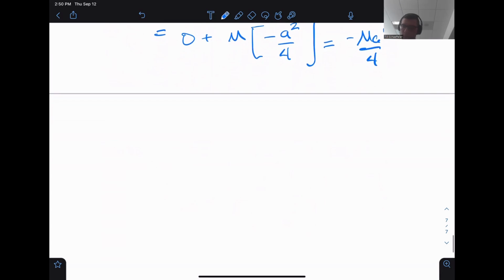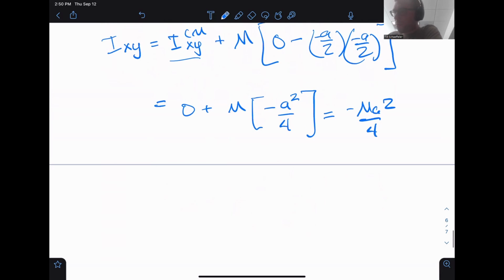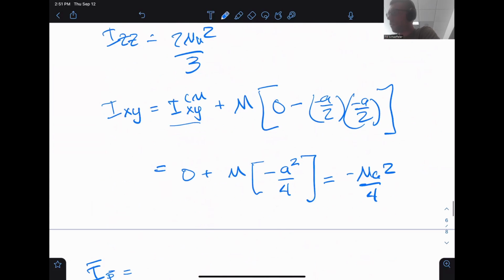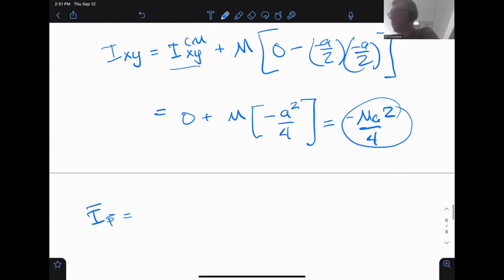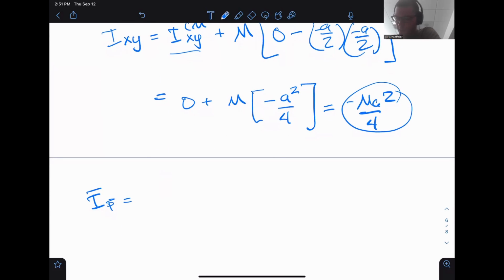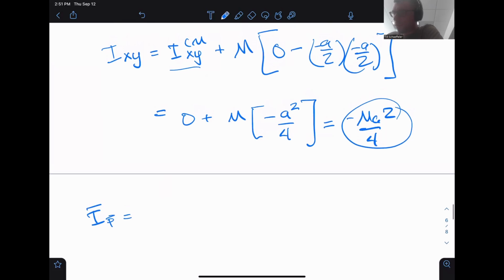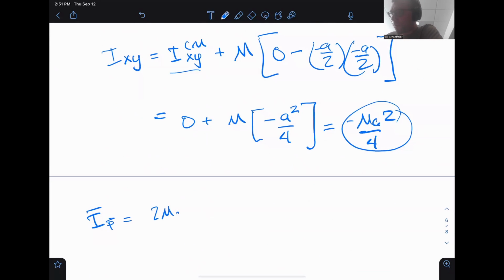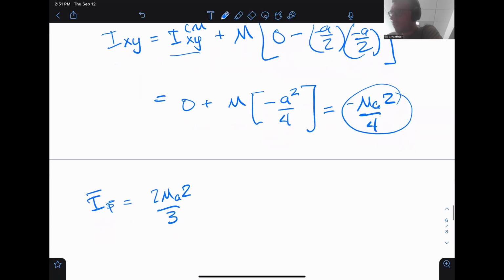So now we can write the entire moment of inertia tensor through the point P. That is going to be equal to this guy along all the diagonal elements and this guy in all the non-diagonal elements.